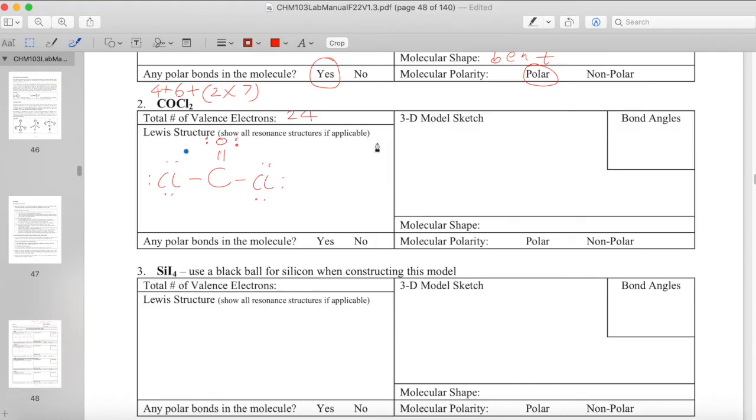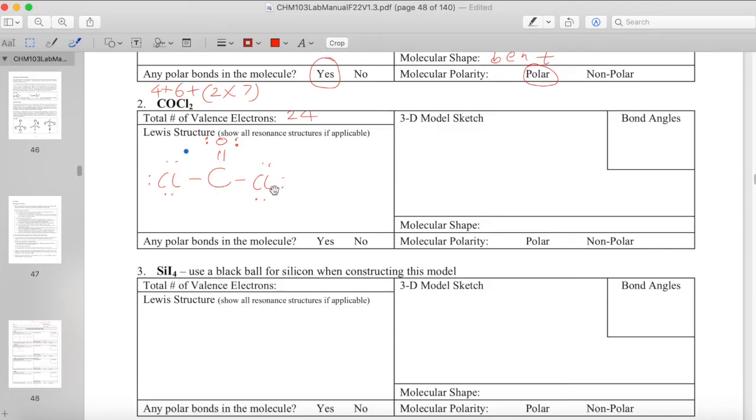That being said, if you draw the other 2 resonance structures where there are double bonds between the carbon and the chlorine, as far as Chem 103 is concerned, I would mark that correct. If you were in Chem 111 or 112, I would say that you ought to know better, but for Chem 103, I think that still counts as a valid Lewis structure.